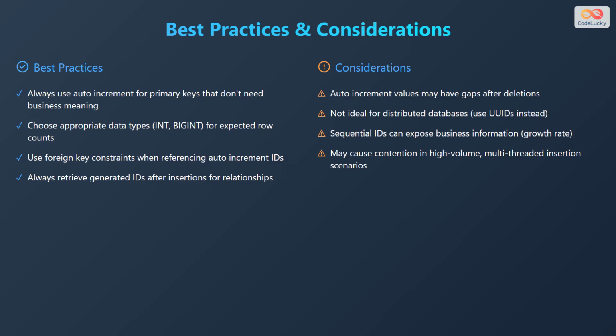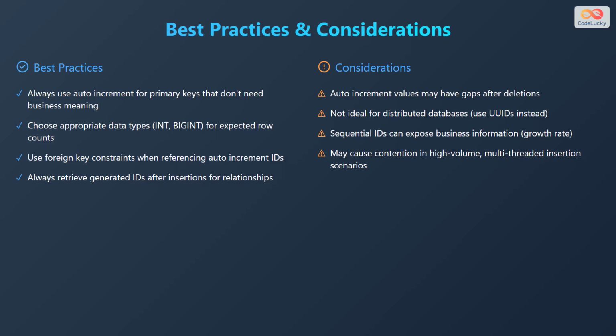Now, let's look at some important considerations. First, auto increment values may have gaps after deletions. This is normal and should not be a cause for concern. Second, auto increment is not ideal for distributed databases. Instead, use UUIDs, which are universally unique identifiers, to avoid conflicts across multiple databases.